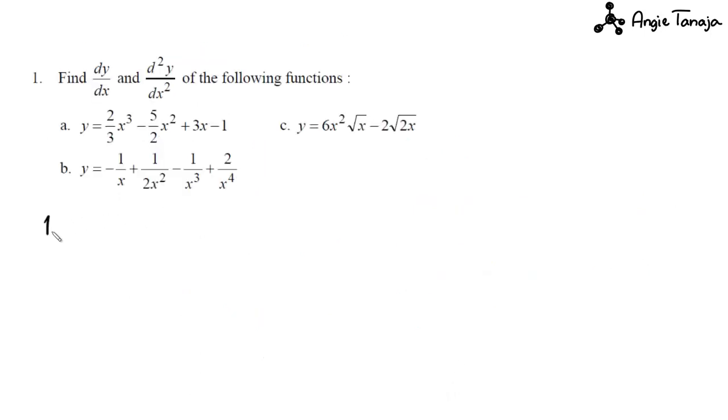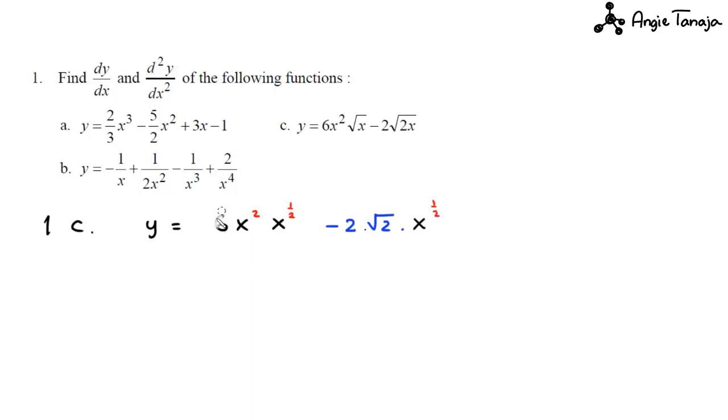For 1C, it's a bit complex because you have a square root here. So y equals 6x squared times the square root of x. The square root of x is x to the half. Minus 2 root 2, and then times another root x, and root x is x to the half.